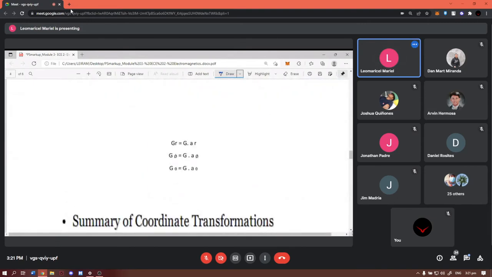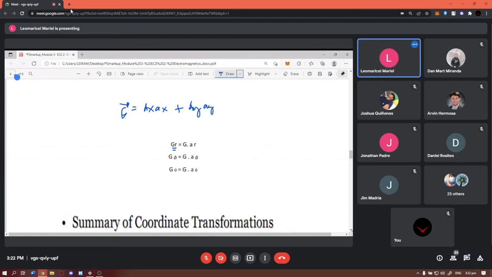Di ba? Ginawa natin, let's say, meron tayong vector G. So, yung GR natin, that is simply G dot AR. So, kung halimbawa meron tayong vector G, given in, let's say, AX plus AY plus AZ, so the given vector will be a vector in rectangular.